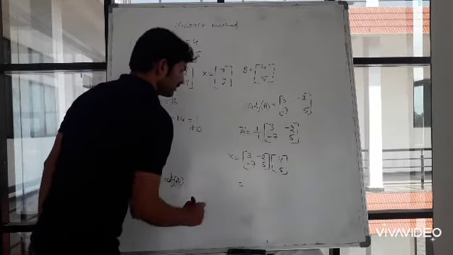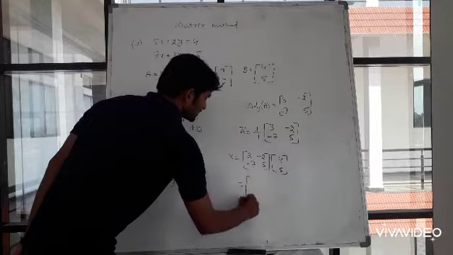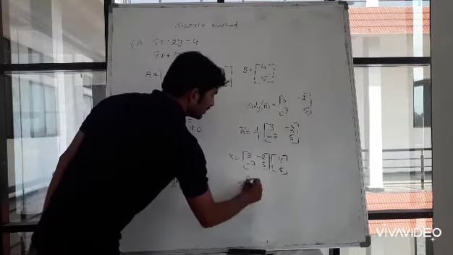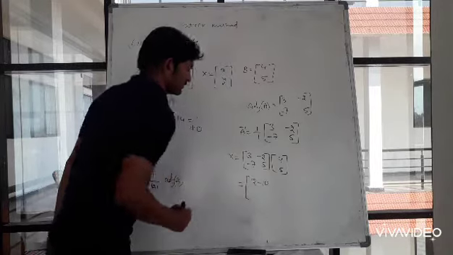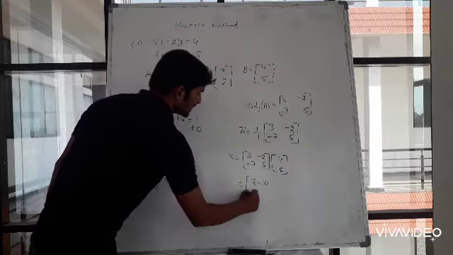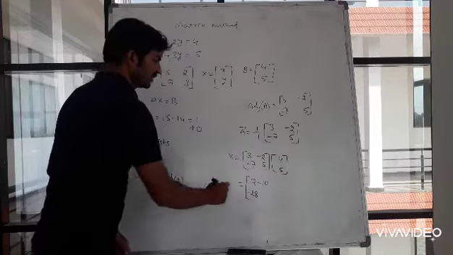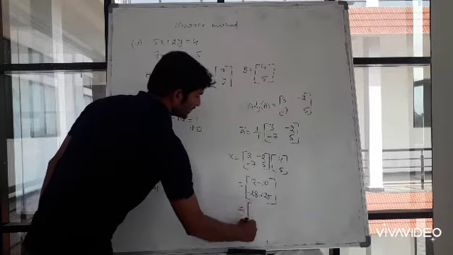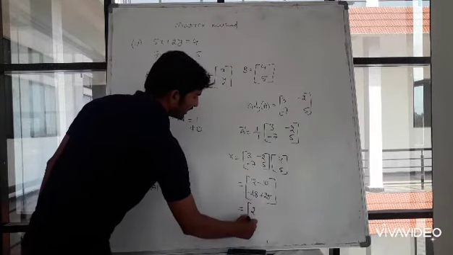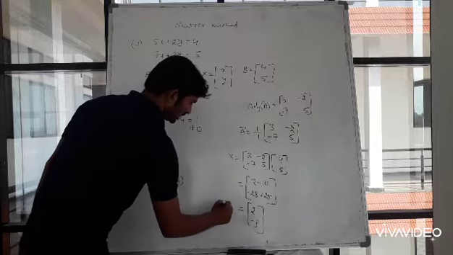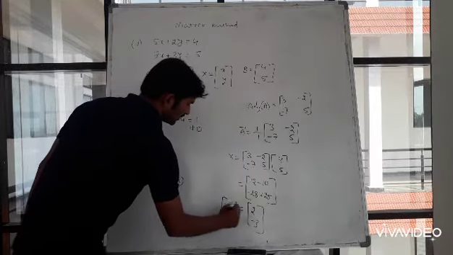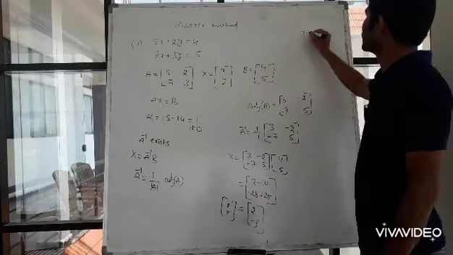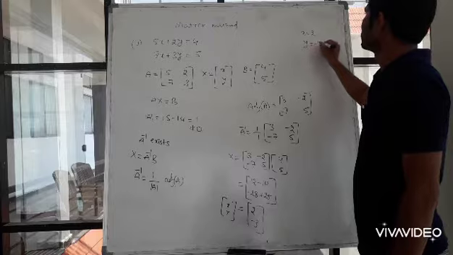Multiplying row by column: 3 4s are 12 minus 10. Next, 7 4s are 28, minus 28 because minus is there, plus 5 5s are 25. Then what we get here: 12 minus 10 is 2, and minus 28 plus 25 is minus 3. Here x means x, y. By equality of matrices, we write x is equal to 2, y is equal to minus 3.